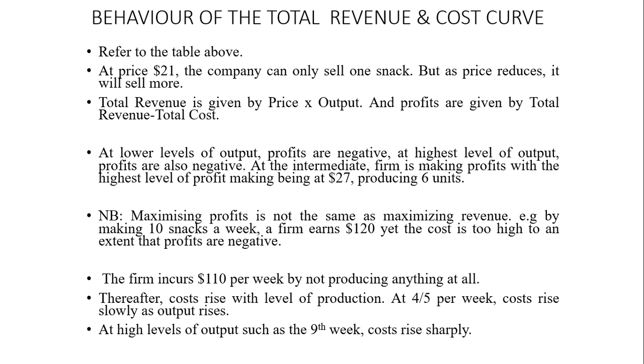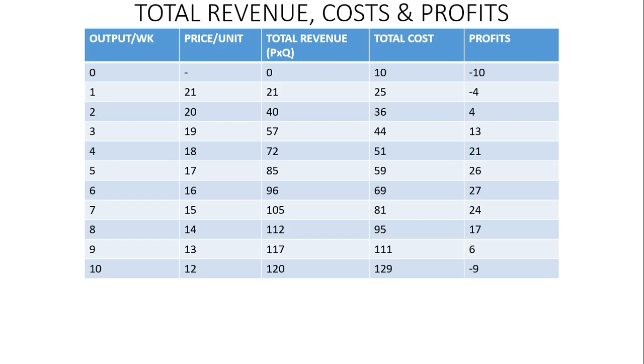But with maximizing revenue, you're just maximizing the income that is coming into the business. Okay, so for example, by making 10 units per week, a firm earns $120. They are referring to this table.